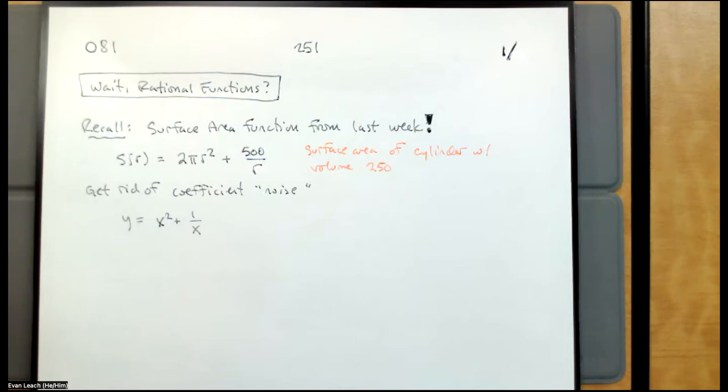Depending on the value of x, one of these terms will be way more important. For large values of x, x squared is going to be large squared. That's going to be more important than 1 over large, because 1 over large is small. 1 over x becomes less important as x gets larger.